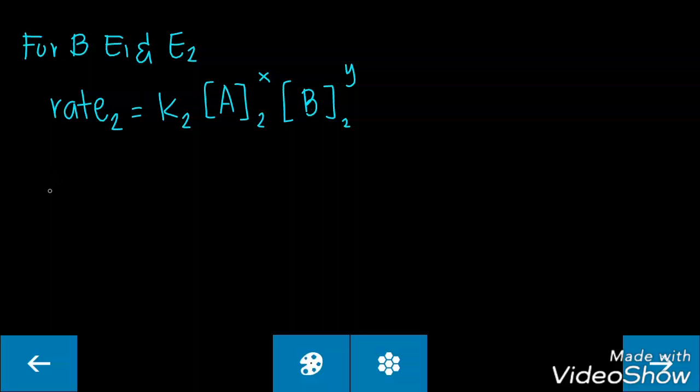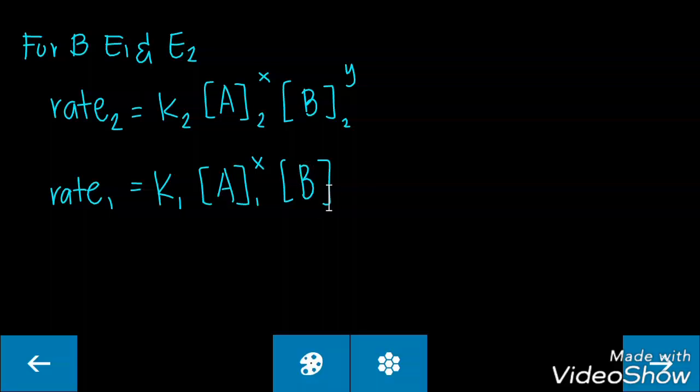We also have rate 1 is equal to K1, concentration of A1 raised to X, concentration of B1 raised to Y. Now, we said a while ago that the concentration of A in the first and the second experiment are equal, so we can cancel that, and we can also cancel the K. So we're left with the concentration of B and the rate.